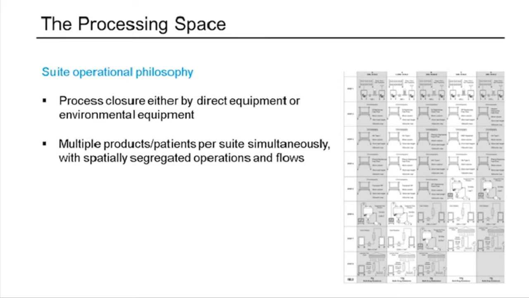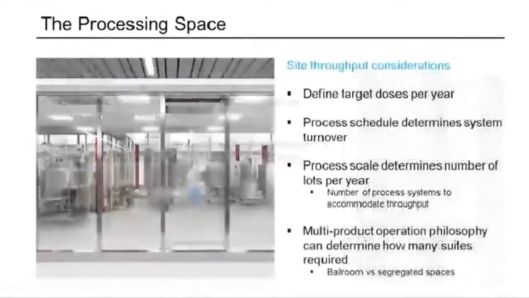And when you think about autologous or donor-matched allogeneic therapies, this is really very critical from a scale perspective to increase your facility throughput, because if you're trying to do one patient per suite, you're going to be either bottlenecking your facility or really limiting the throughput that your facility can handle.